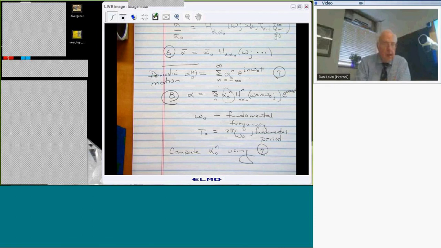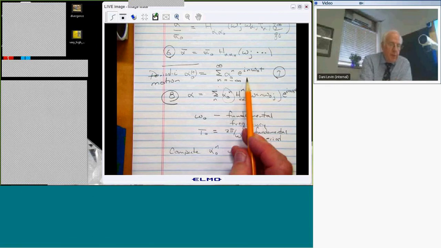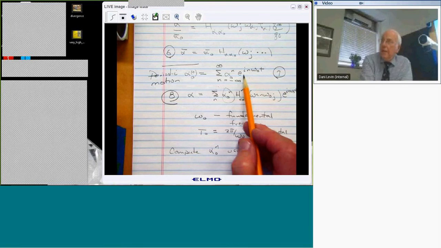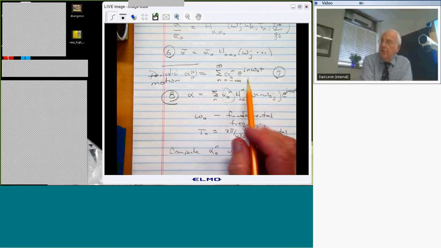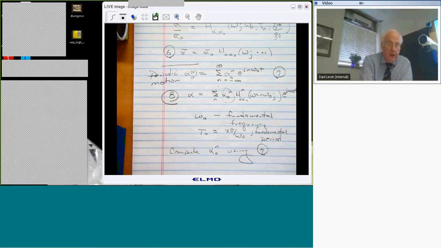What I'm going to do is multiply equation 7 by a term that looks almost like this, except I'm going to use a particular integer value. I could use 1, 17, 36, but I'll call it m, some arbitrary integer, which is distinct from all of these n's. And because I know how I'm going to get the answer, I'm going to put a minus sign in. I could put a plus sign in, but then I won't get what I want. We tried it with a plus sign, it didn't work, so we thought maybe a minus sign would help.